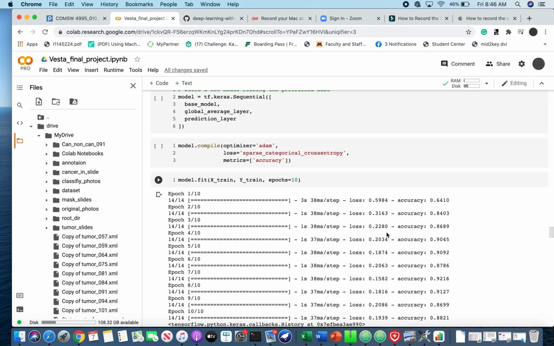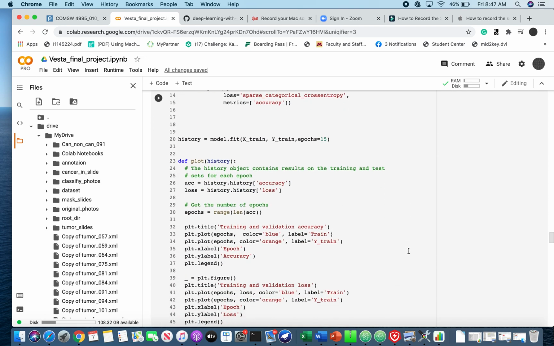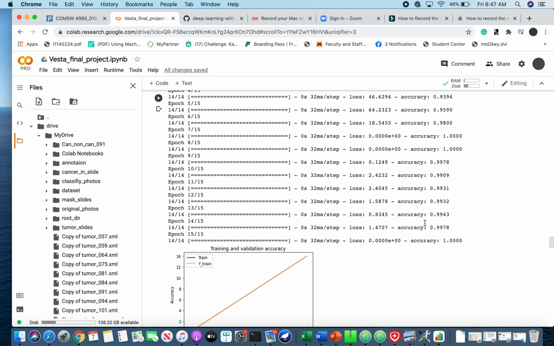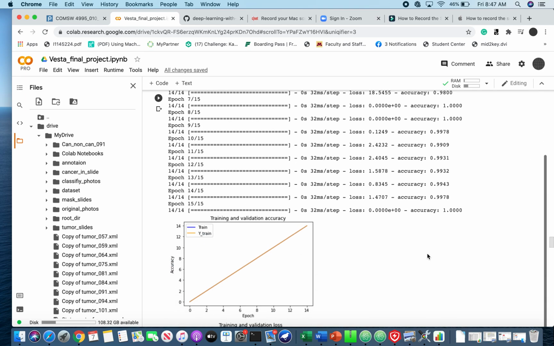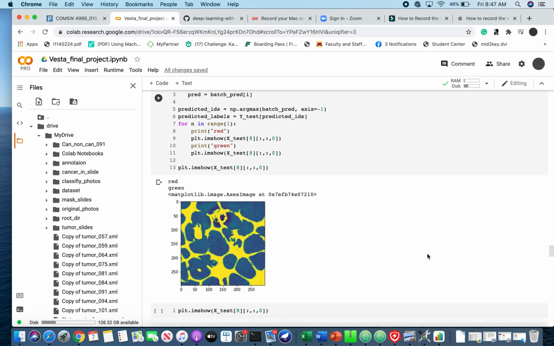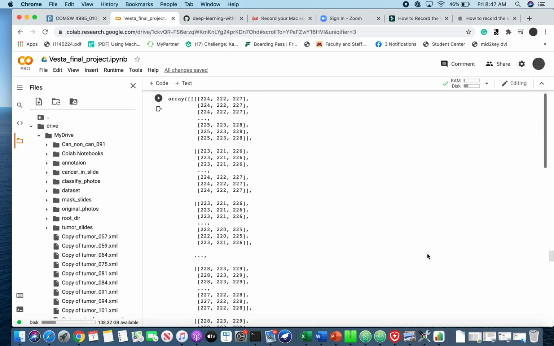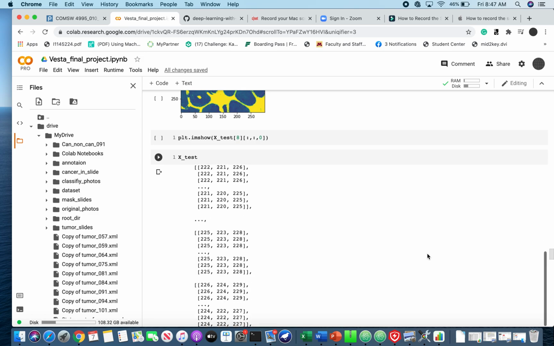I did it in 3 ways: with the deep zoom generator, without the deep zoom generator, and extracting the actual array elements for my prediction. So if you see here, my accuracy was 99%, which I don't think was right. I believe there was some overfitting that occurred with the data set that caused that accuracy to be that high.